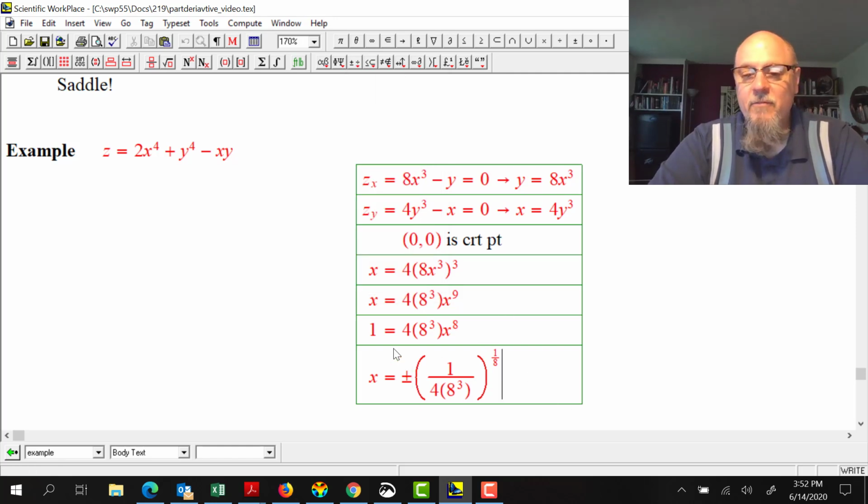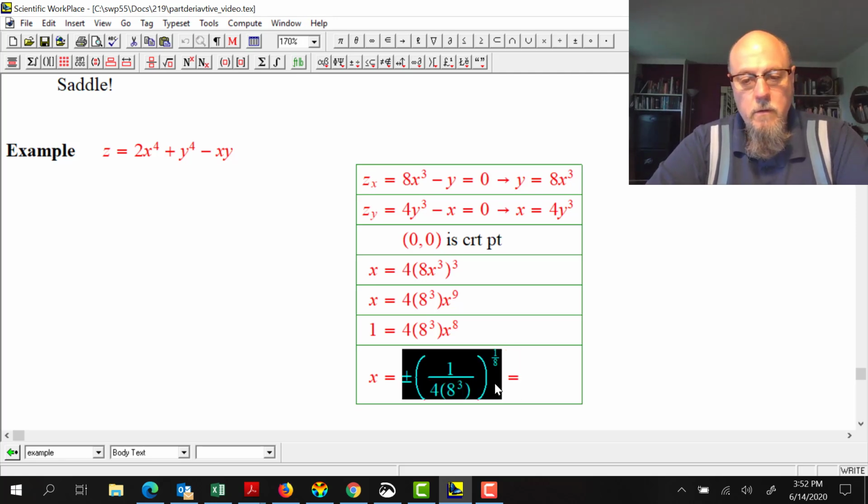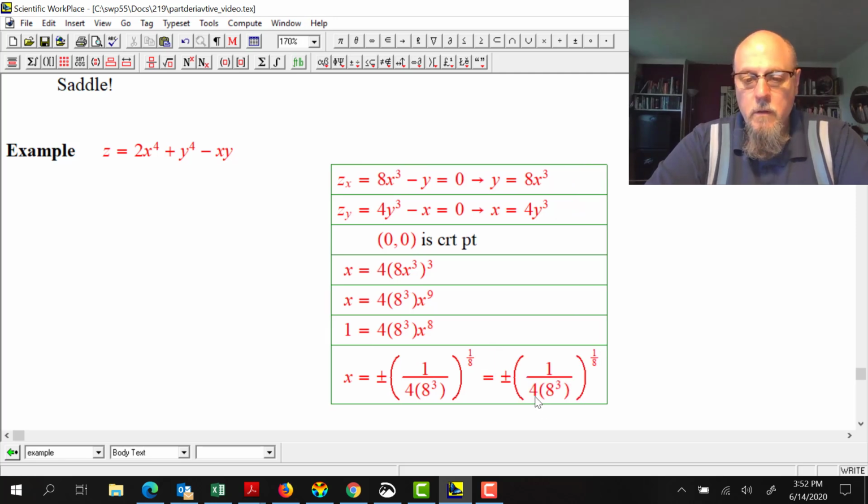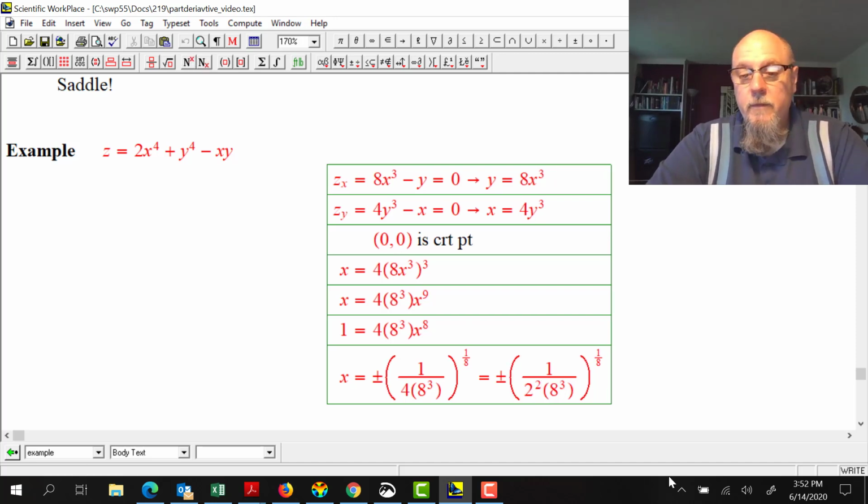Now, is there anything clever I can do here? Can I get kind of 8 points? Let's turn this into 2's. This is 2 squared. This is 2 cubed, so this is 2 to the 9th.